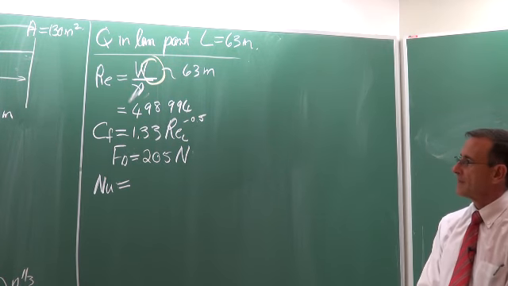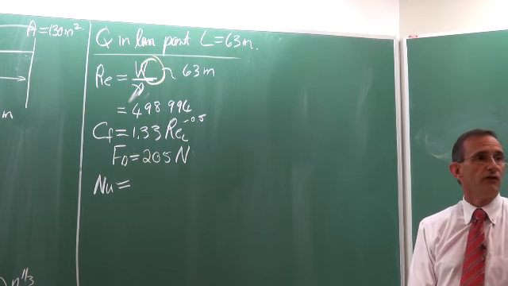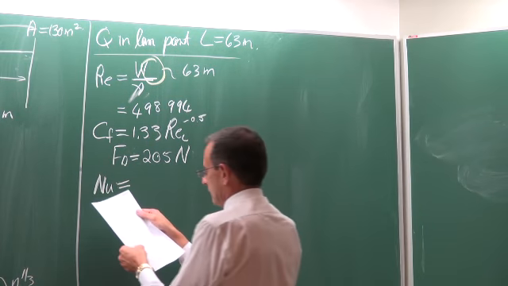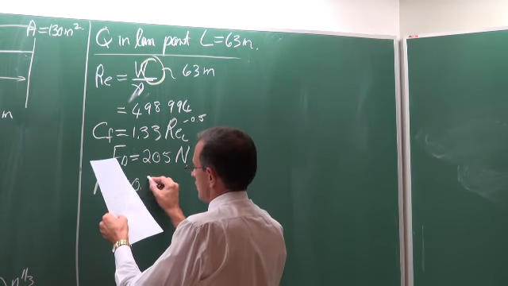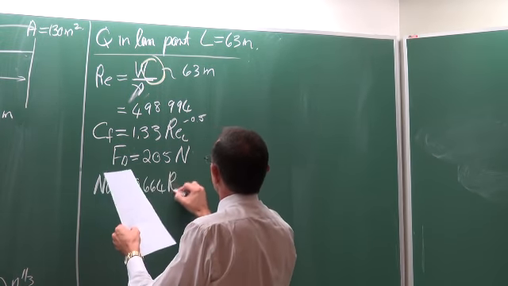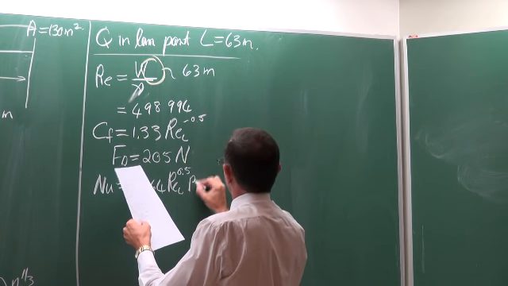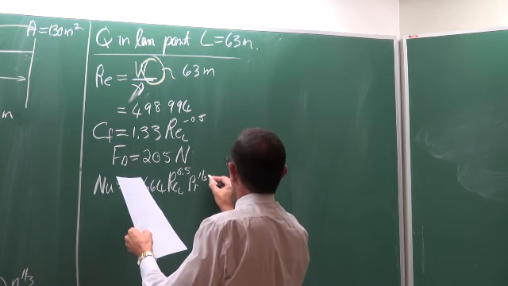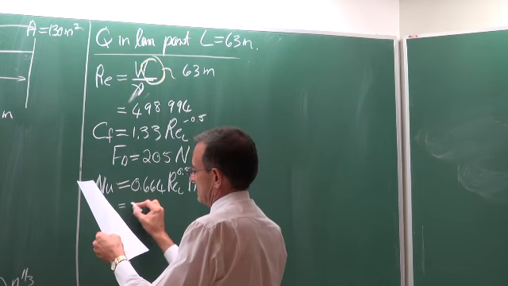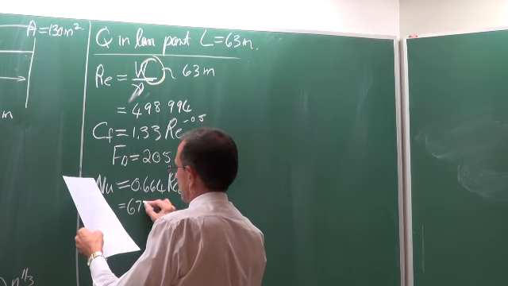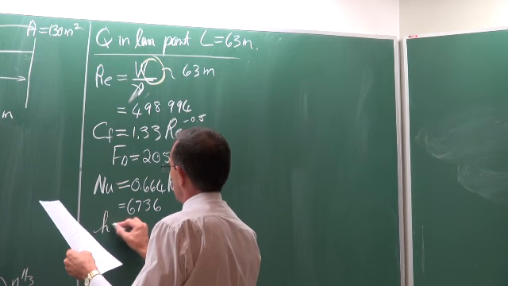205. Calculate the Nusselt number: 0.664 Reynolds to the 0.5, Prandtl to the one-third, and the Nusselt number would then be equal to 6736.